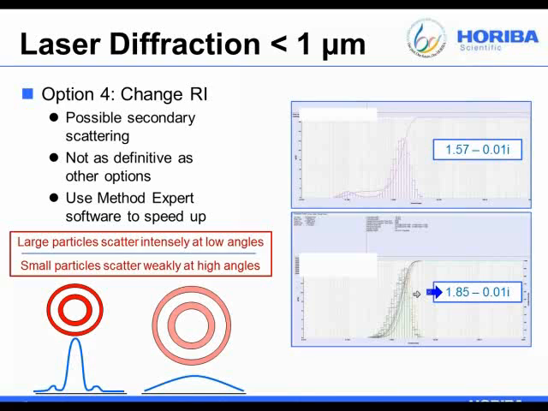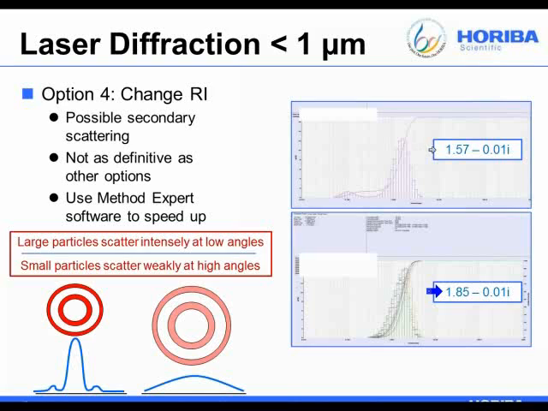So what the LA950 algorithm did here is, when it saw a high refractive index, and for most materials this is a relatively large refractive index, it saw some amount of light being scattered at wide angles, and it said, well, I have been input a relatively high refractive index, and so I expect to see larger particles scattering more light at wider angles.